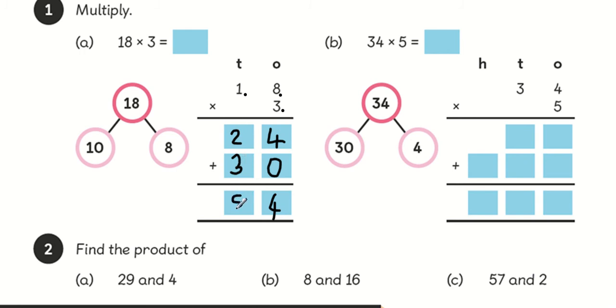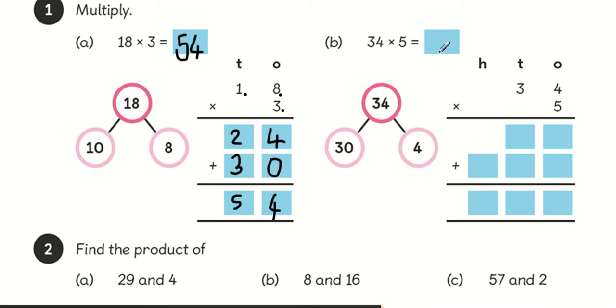So I'm going to come in here and put my answer as 54. Okay, it's called regrouping because we are popping our answer here into the tens, and if we were using base 10, you'd be able to see that we are exchanging the 24 ones into 2 tens and 4 ones.